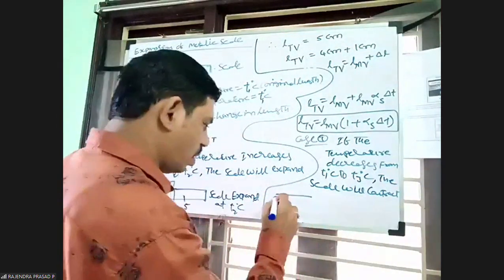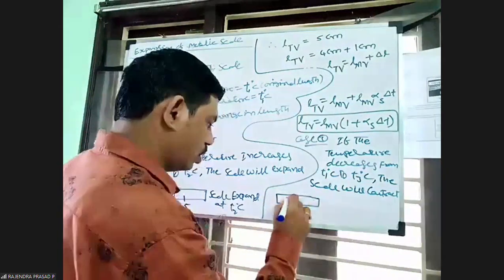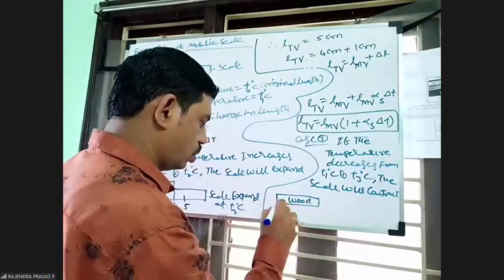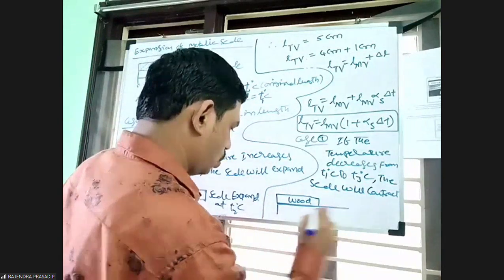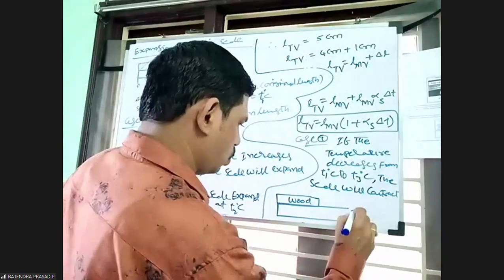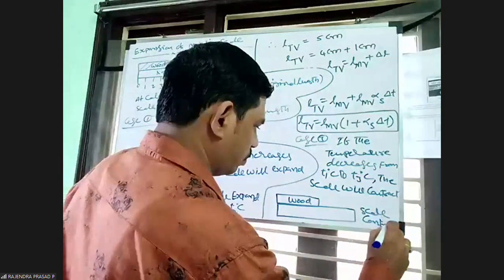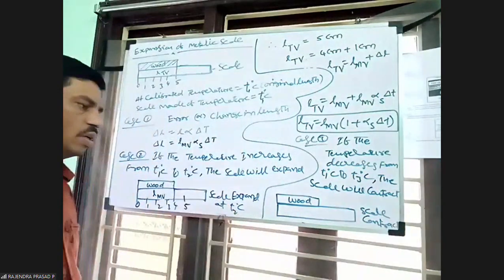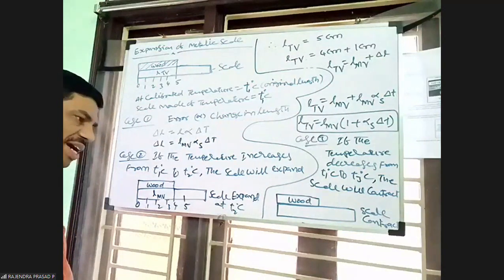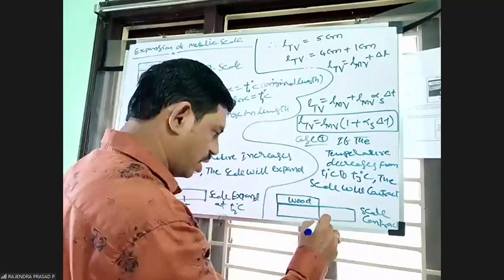This is the wood. Scale contract, more than 5 centimeters. Scale contract means this also shows 6 centimeter.